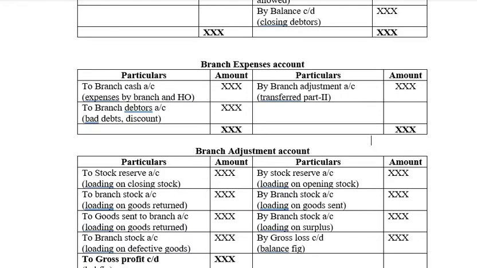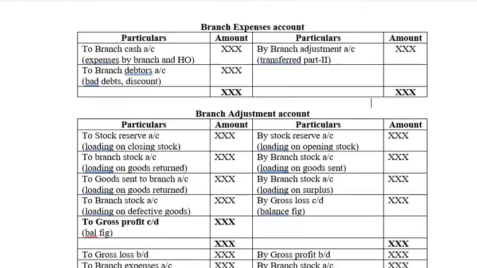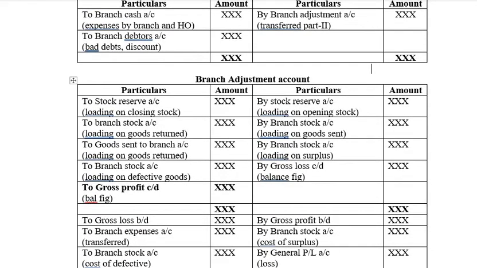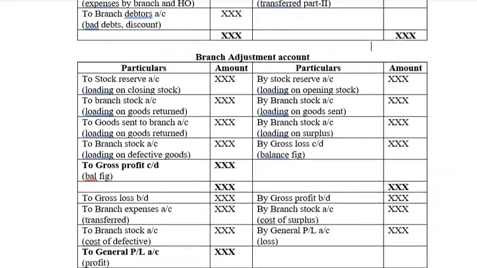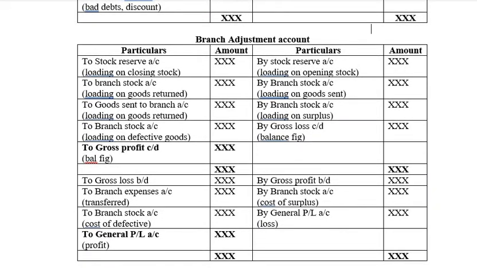Now let's deal with the next account, that is branch adjustment account. This is again like a trading and profit and loss account. Branch adjustment account is an account which includes two parts.